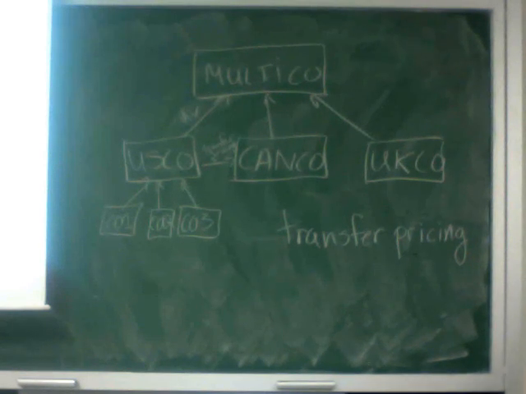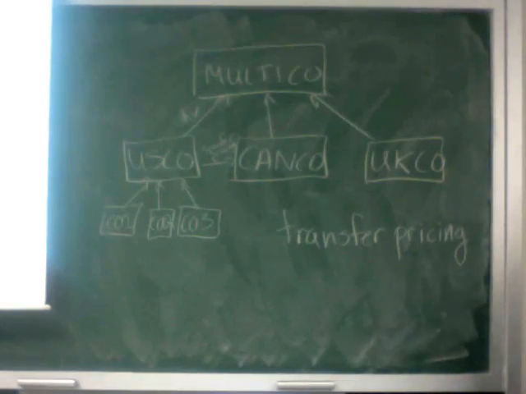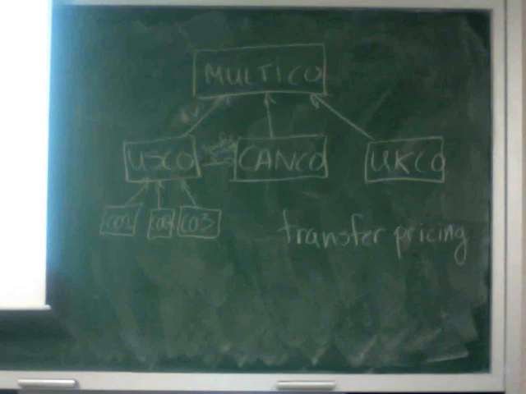The decision is all made within the single, big corporate structure. So what is the price that you decide? Obviously, if the taxes are higher in one place than the other, say higher in the US than in Canada, then you want a lower price that the Canadian company is paying the US company.